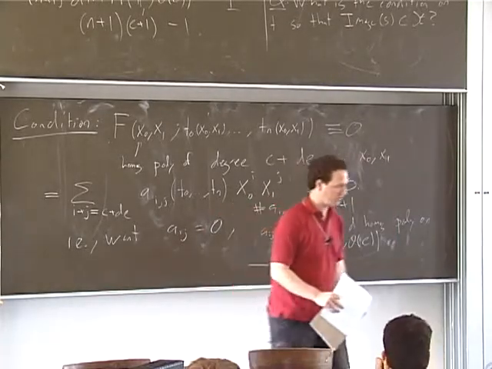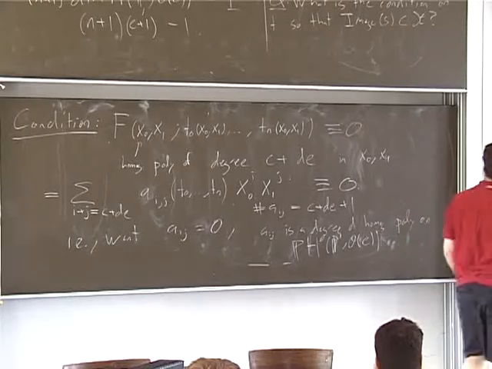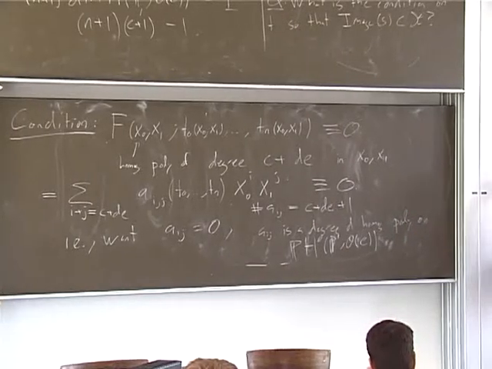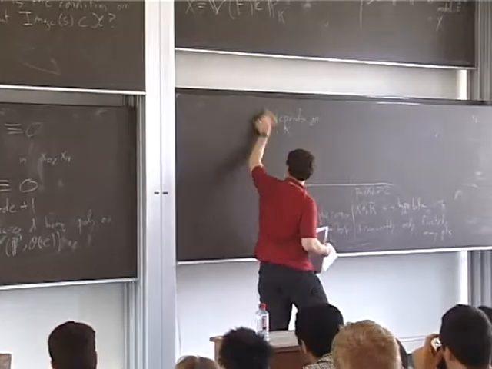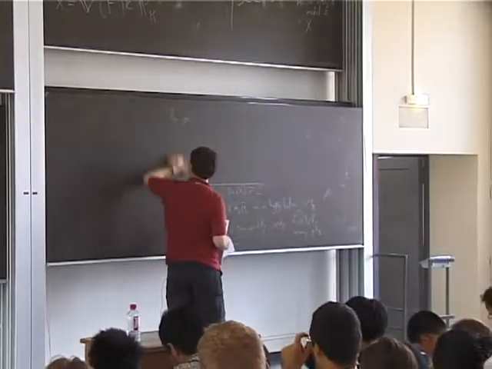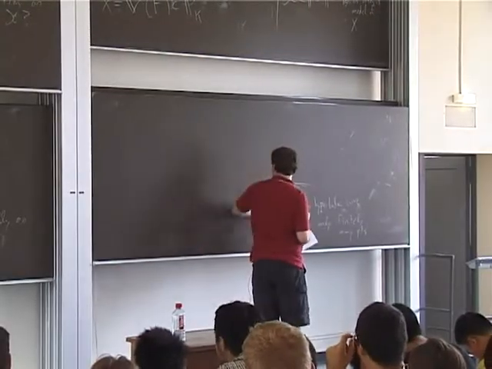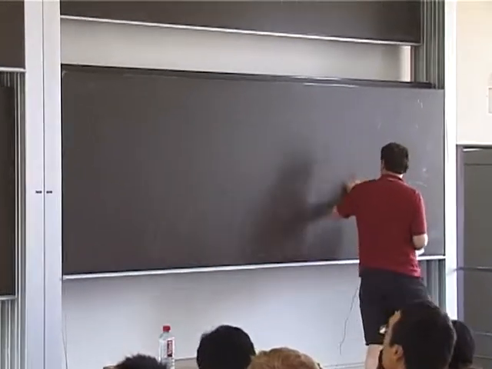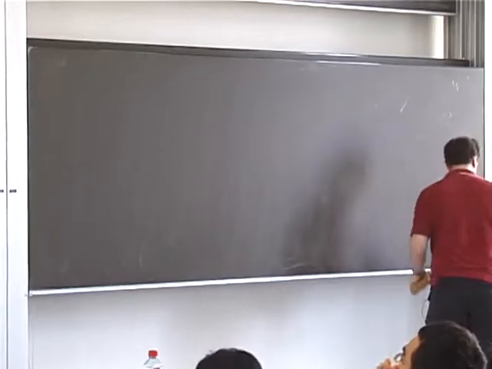So what this shows us is that if the number of equations is less than the number of variables, then the zero set is non-empty. This is a standard result of projective space: if you intersect a bunch of hypersurfaces, as long as the number of hypersurfaces is less than or equal to the number of variables, then the intersection is non-empty.